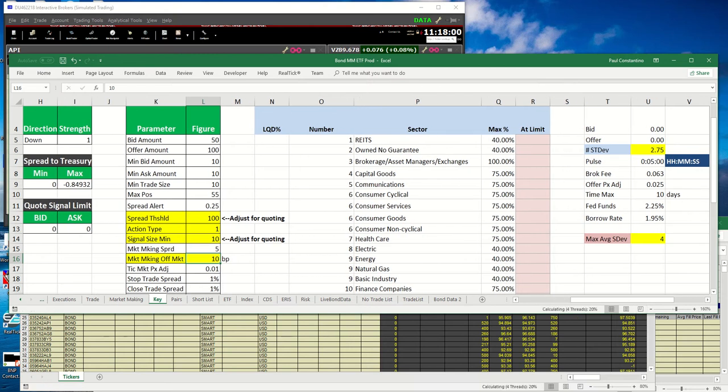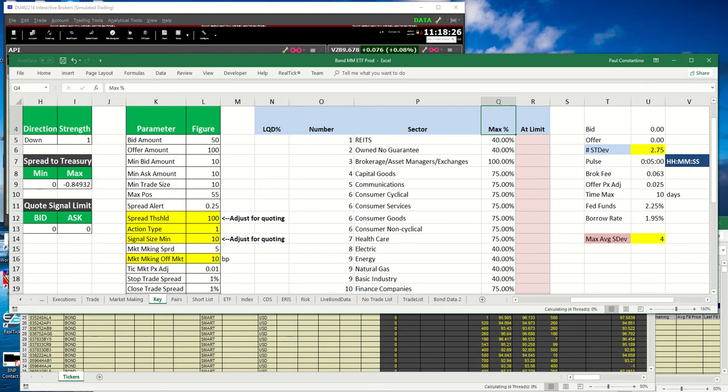The key worksheet also has inputs for risk, such that the system can look at industry-wide risks. It can look at sector-wide risks. It can look at issuer-wide risks. It can look at individual security risks. And so there are allocations that have maximums.